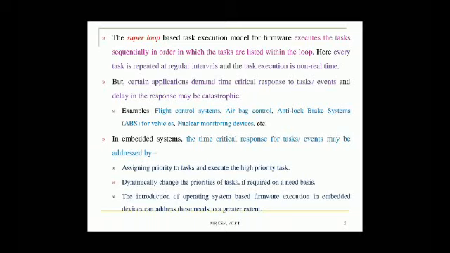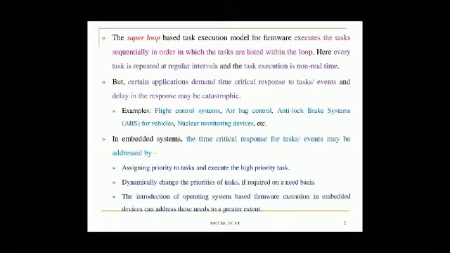I just wanted to tell you that in the super loop method, the task execution is purely based on the order in which the tasks are listed within the loop. That is the point to be observed. But I was discussing the problem. In which applications is this not suitable?